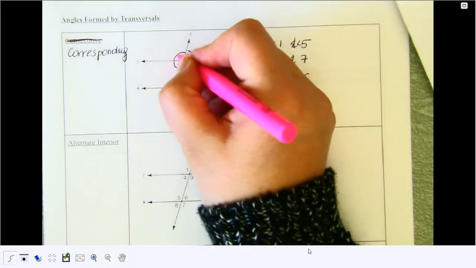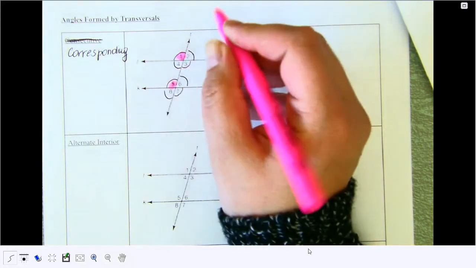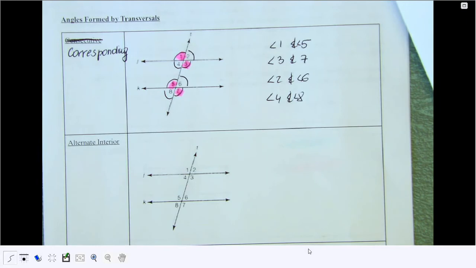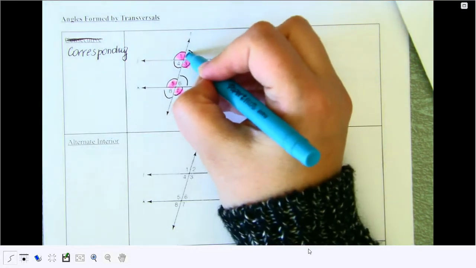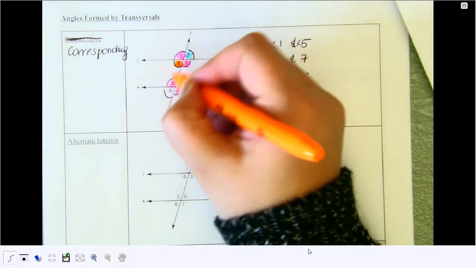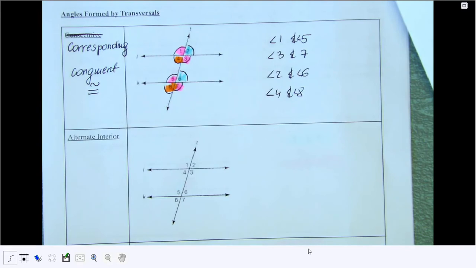So 1 with 5, 3 with 7, 2 and 6, and 4 and 8. And corresponding angles are congruent.